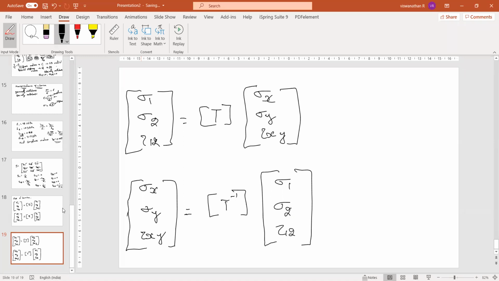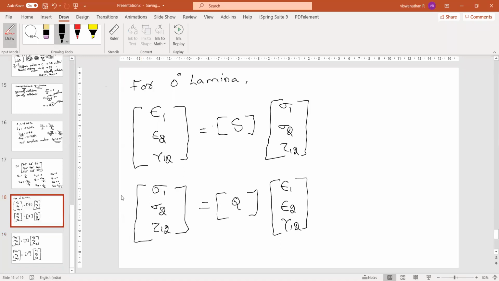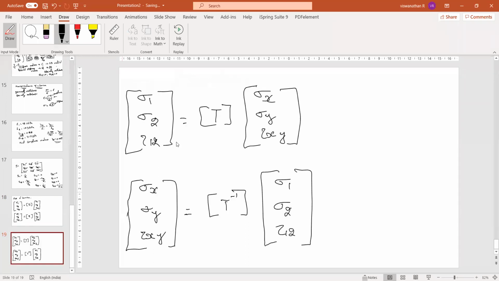So the first is for 0-degree lamina, and this is for any arbitrary angle. They are relating the transformation. Transformation is nothing but the relation between the local and global, global and local. So transformation matrix, inverse transformation matrix.